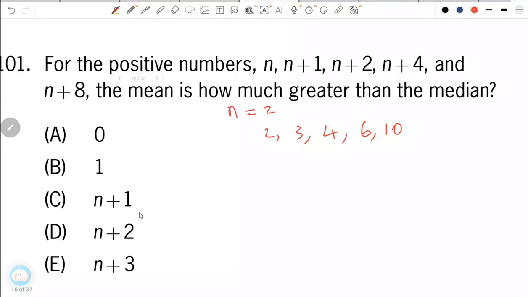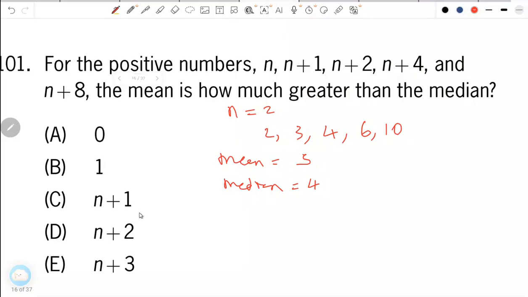The median is 4. So the mean equals 5 and the median equals 4. Mean minus median is 1, but we have to be careful, n is actually 2.